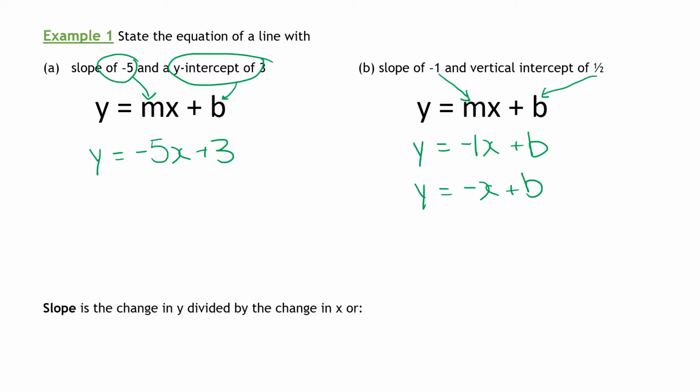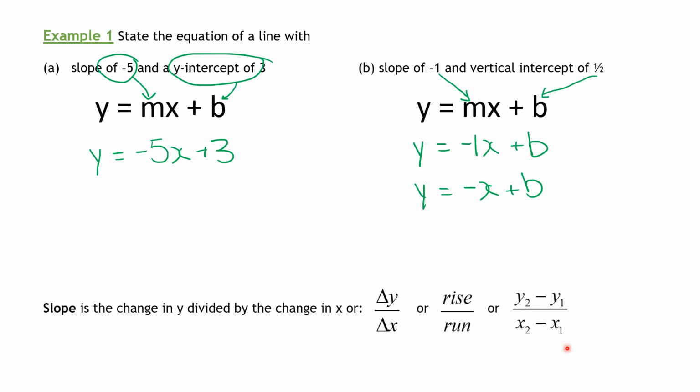So the slope is the change in y divided by the change in x. You already know this. Or another way of writing that is delta y over delta x. That's what the change in y divided by the change in x means. Another way to say that is rise over run. Or the most useful way for us right now is this formula here.